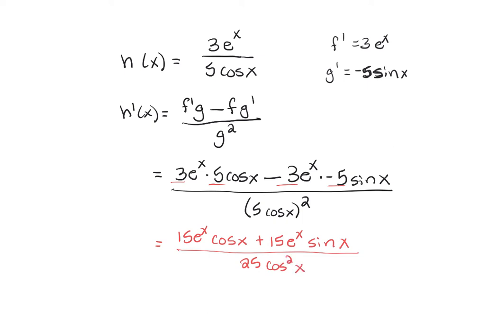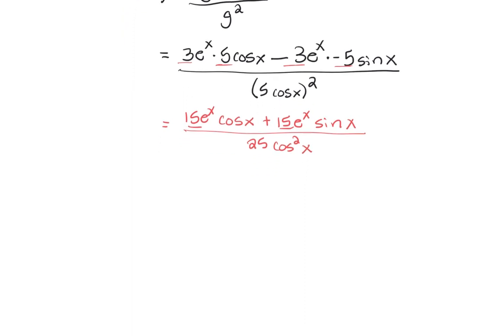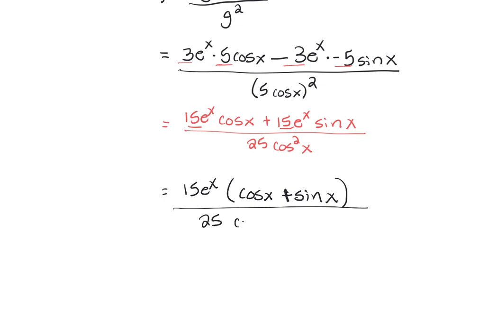And probably makes sense, I can factor out that 15e to the x. So then I've got cosine of x plus sine of x, all over 25 cosine squared x.